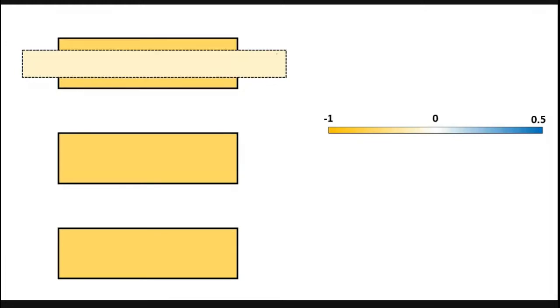There is an expansion on this side and contraction on the lateral side. For everything like this, you will get Poisson's ratio in the range 0 to 0.5.